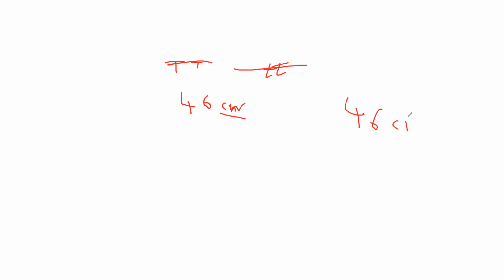Everyone has 46 chromosomes, 23 pairs. But during gamete formation, your gametes will only have 23 chromosomes because they go through meiosis. The number of chromosomes in cells reduces to half.